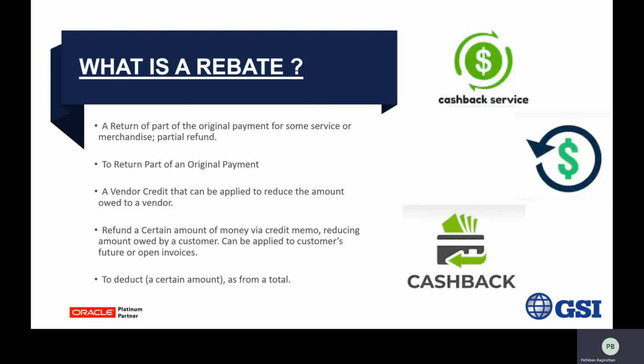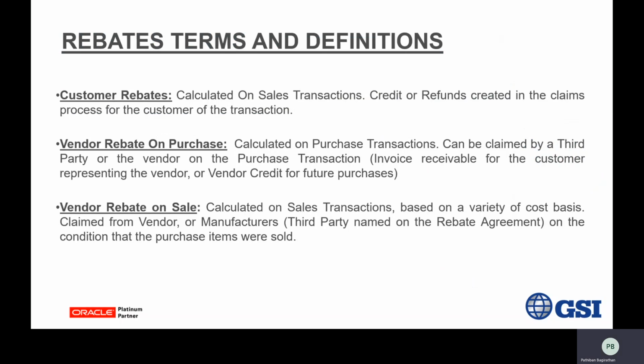So the refund, a certain amount of money via credit memo, reduces the amount owed by a customer, and can be applied to customers' future or open invoices. So typical credit memos, for future customer purchases, we can reduce the amount owed. It's basically to deduct a certain amount from a total. Okay. So these are the typical rebate terms and definitions.